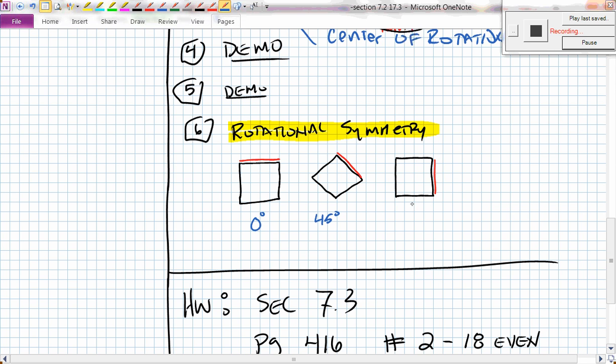So a square has a rotational symmetry of 90 degrees. How far do you have to rotate the square to get back to the original image? I only have to go 90. They're all the same size. It's still an isometry; I'm just showing you where it's going. This has a 90-degree rotational symmetry, and you'll play with some of those figures tonight. Okay, there you go, you guys.